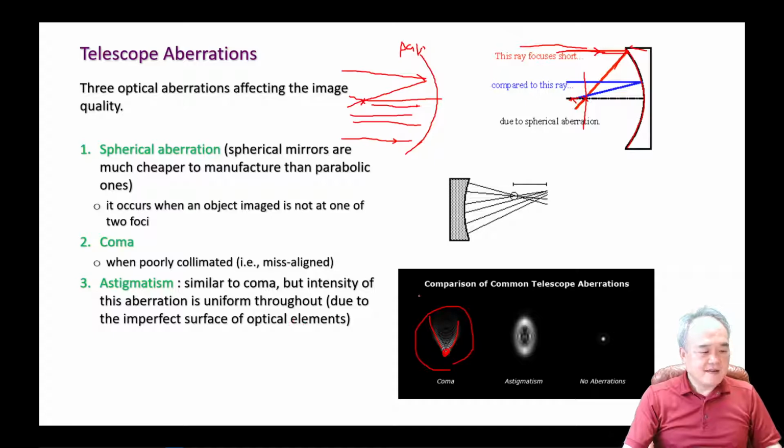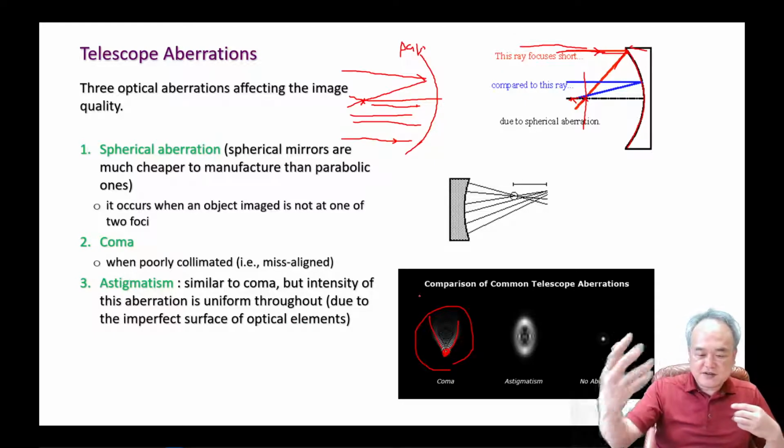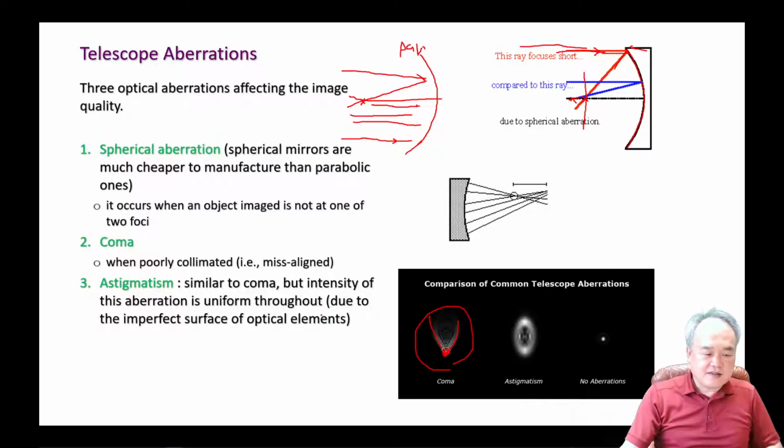Okay, then more commonly appearing nowadays in high quality imaging observation is astigmatism.